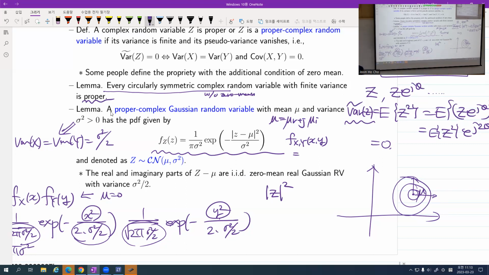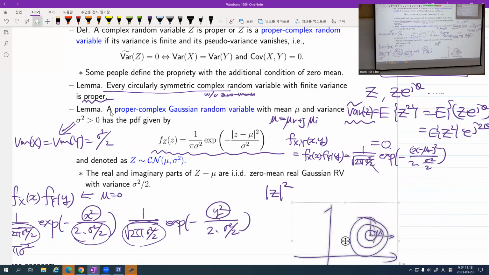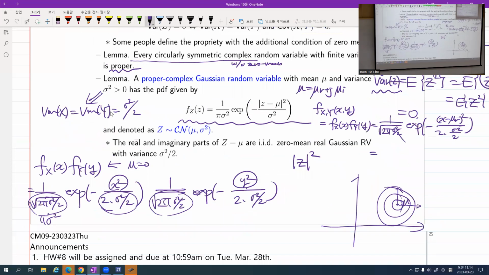So this joint density factors into marginal densities, and each marginal density is what? As you remember, let me move a little bit. I really love OneNote. Except this, I have to type the escape key.